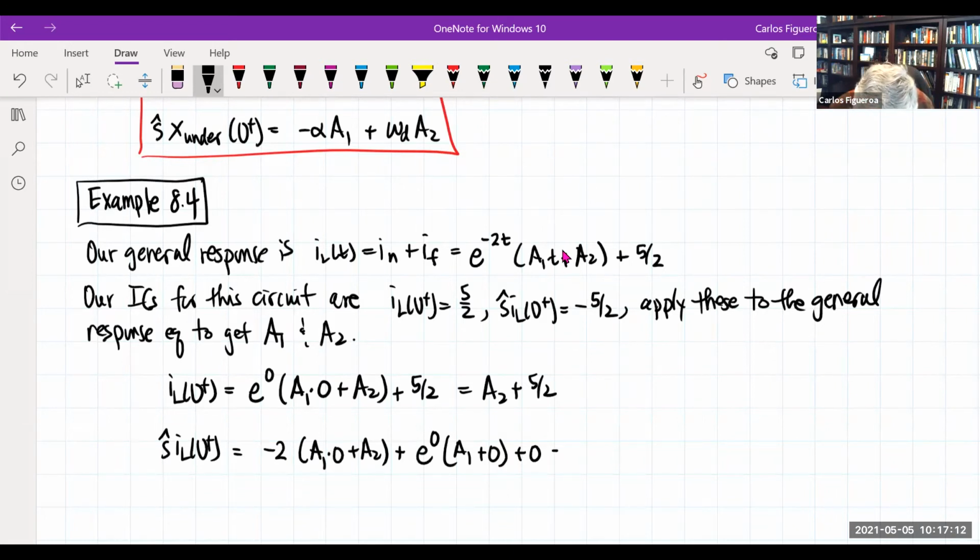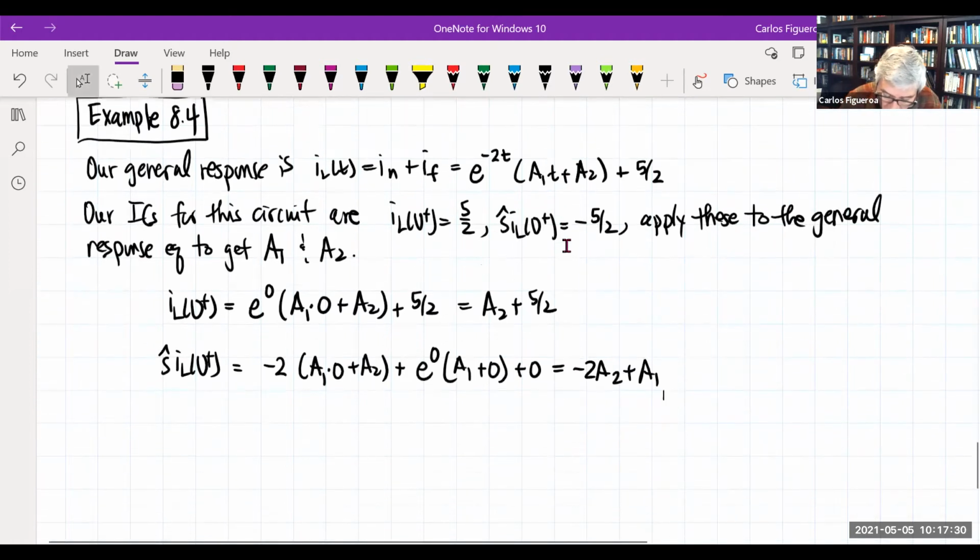So if I look at my algebra, it should be minus 2A2 plus A1.